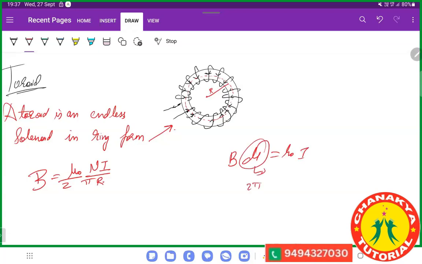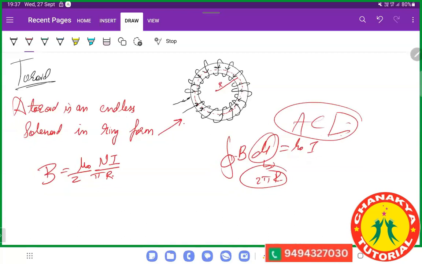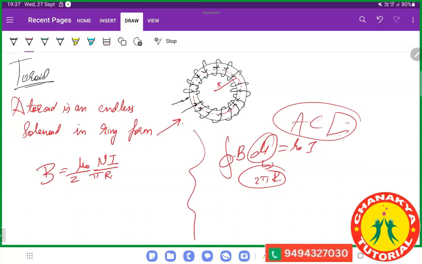So from there we are getting all these values. That is not important here. This is the more important part: mu naught by 2 pi, N i by R.